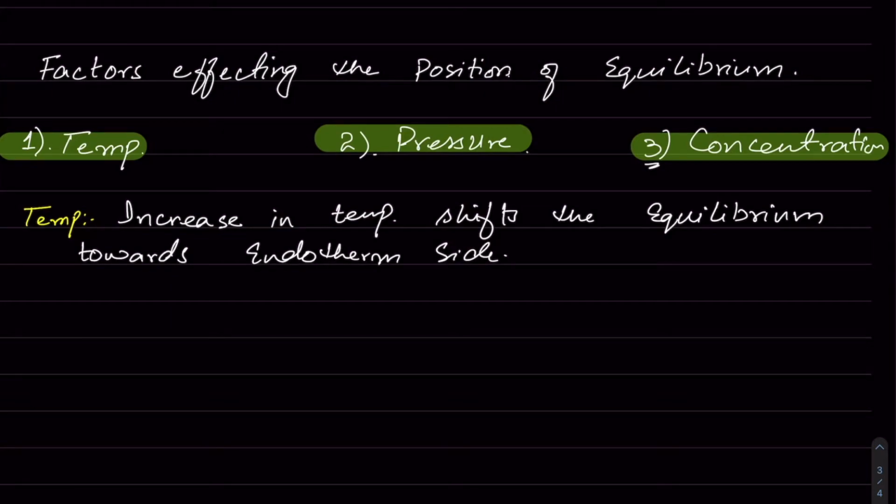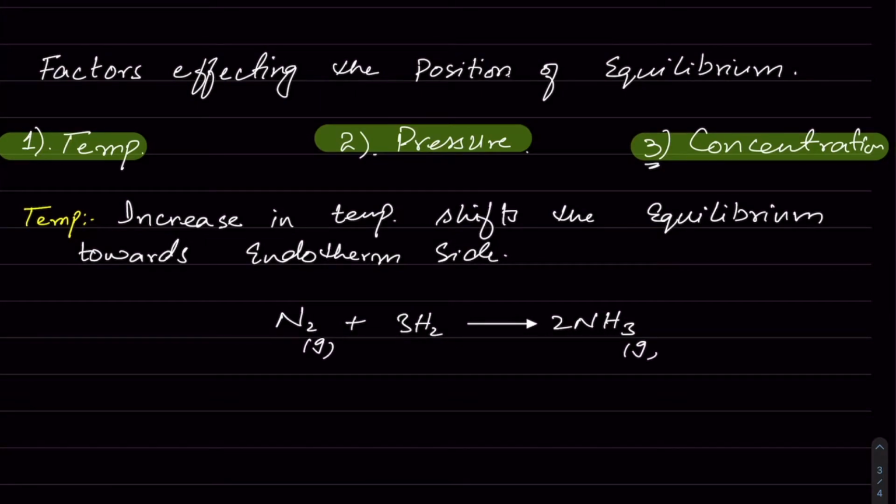Shifting of equilibrium, for example, this is a reaction between N2 and 3H2. It is forming a gas, ammonia. N2 and H2 form ammonia, the product is 2NH3, and this is a balanced chemical equation.